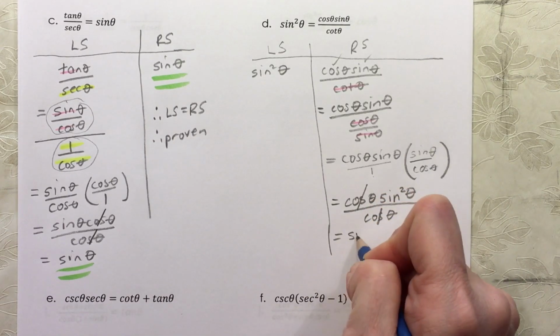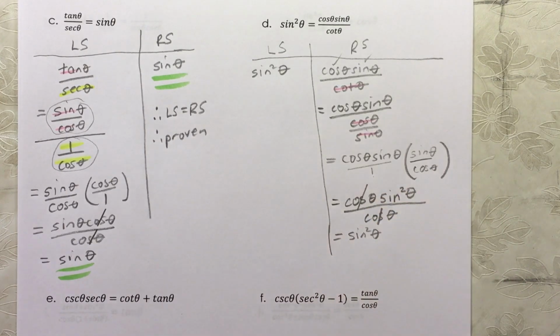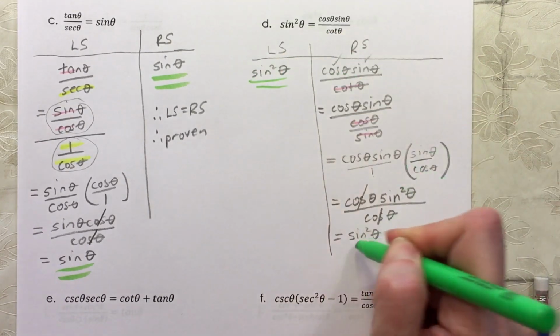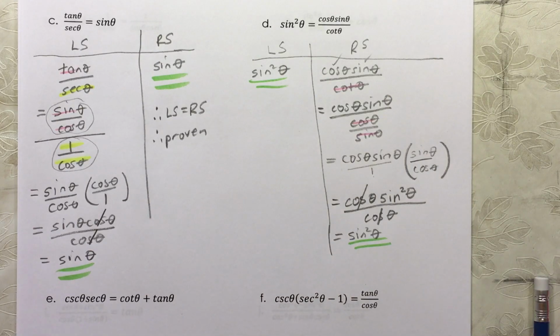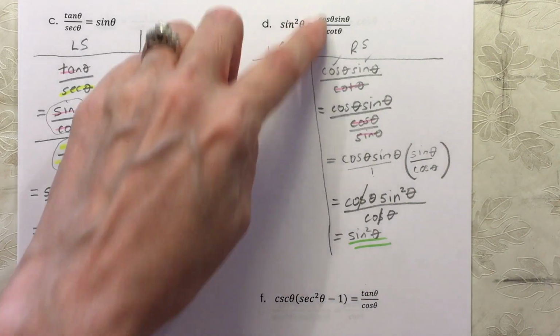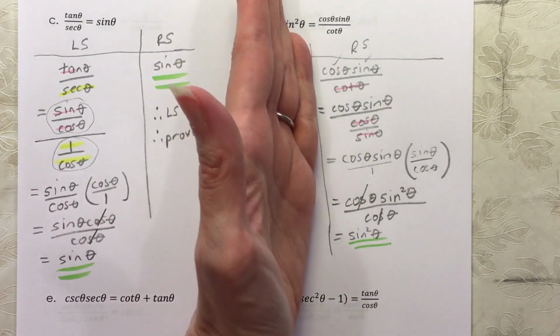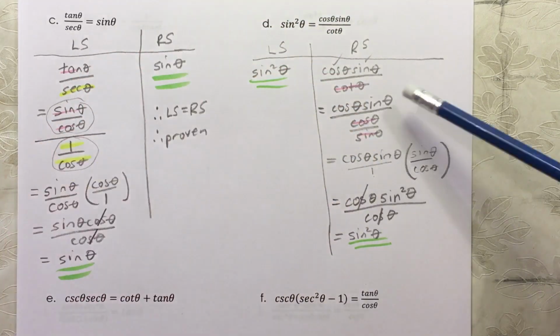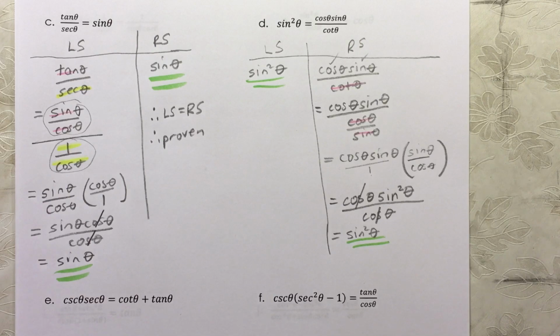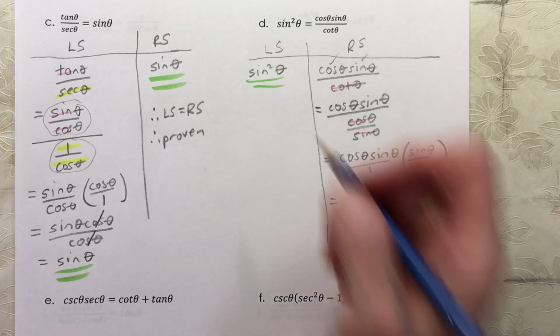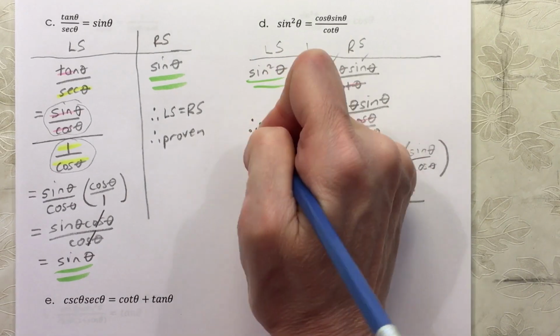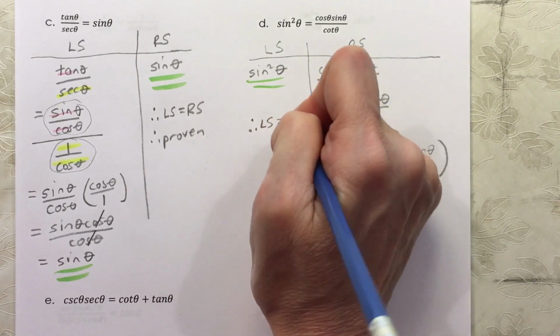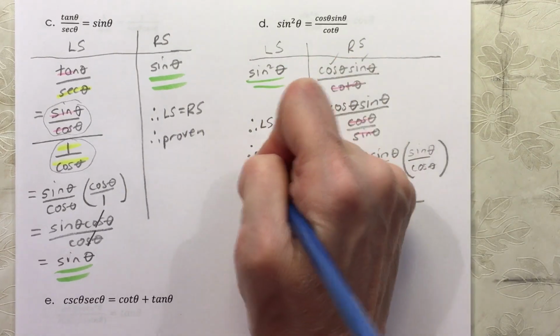So we're left with sine squared theta, which is what we have on the left side. Again, notice that my equal signs aren't in the middle. They're just to the right side, showing that each next step is logically equivalent to the step before it. So we've proven that the left side and right side are equal.